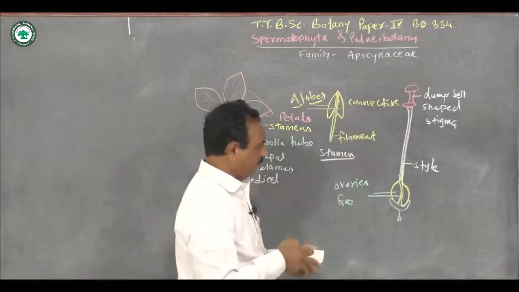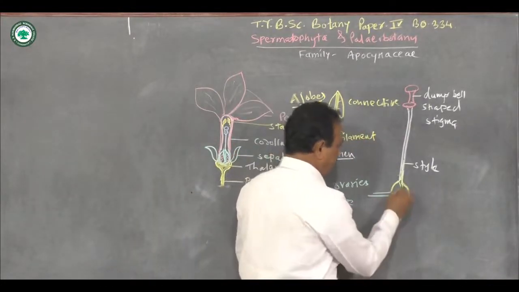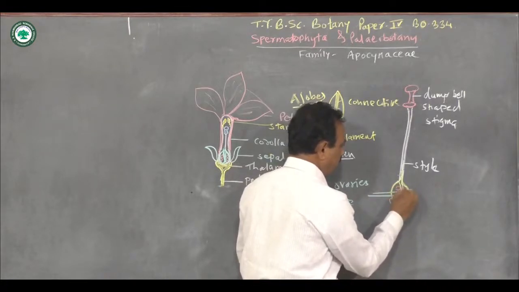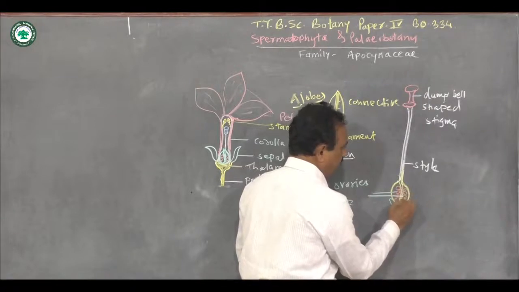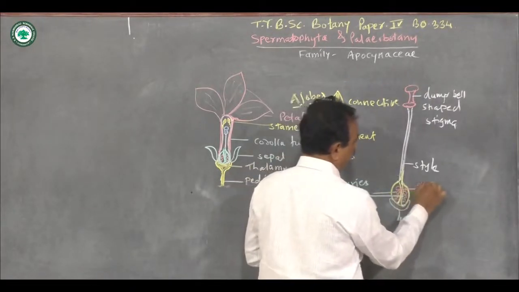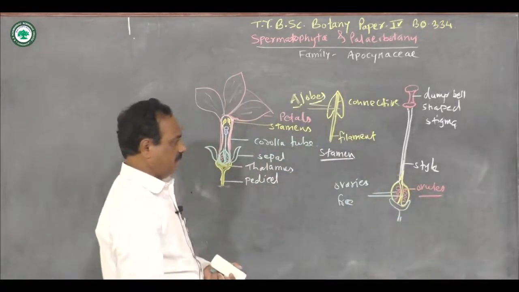So stigma is dumbbell shaped, and here the ovules, they are attached on the marginal placentation. So these are the ovules which are present in the each locule. So this is the presence of a single locule in the ovary. So these are the ovules which are present on the marginal placentation.